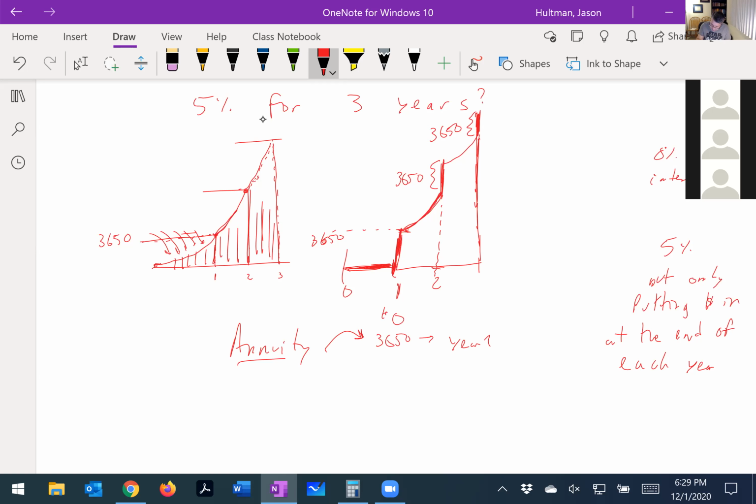We've dumped in nothing for year 1, and then for year 2 we dump in this one, and then we just keep dumping 3,650 into our bank account. If I did this, I would really be looking for the area under these two as my accumulated wealth. Again, that's going to give me less than if I just started continuously dumping in money at the very beginning. If I broke up that $3,650, we could calculate how much this is.